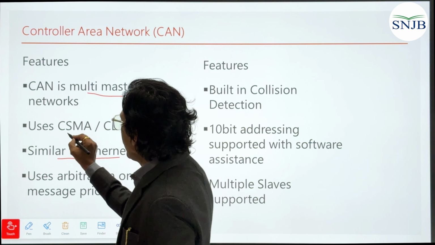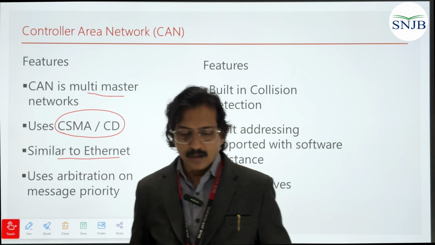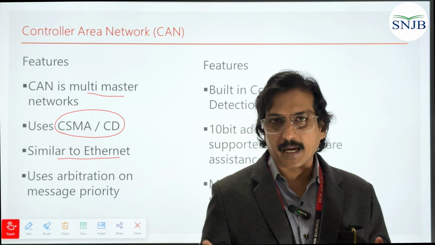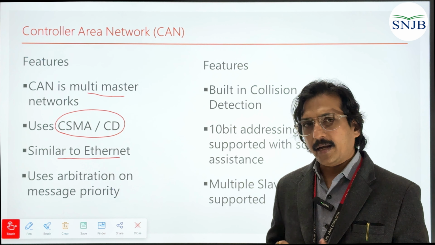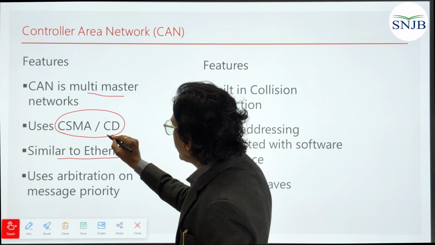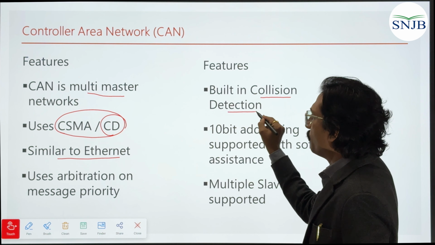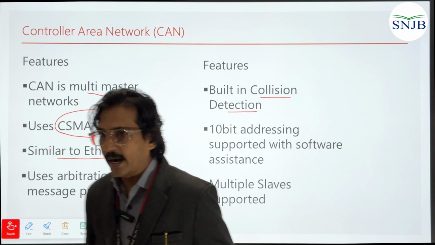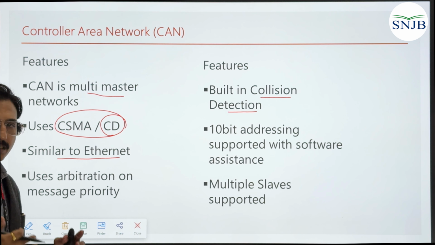As far as CAN is concerned, it uses carrier sense multiple access. As we have seen in I2C, it has collision detection. So collision detection is present here as well. Built-in collision detection is present, and in addition to that, it has carrier sense multiple access.